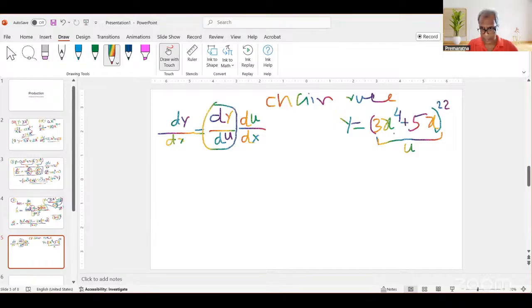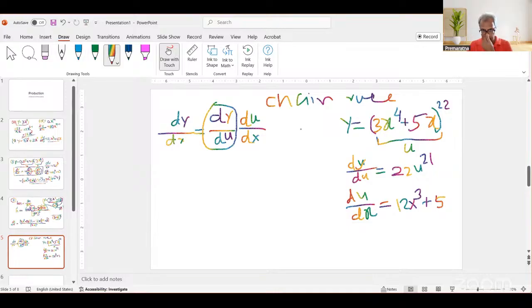U is 3x to the power 4 plus 5x. Then dy over du means 22 u to the power 21. So du over dx means 12x cubed plus 5.